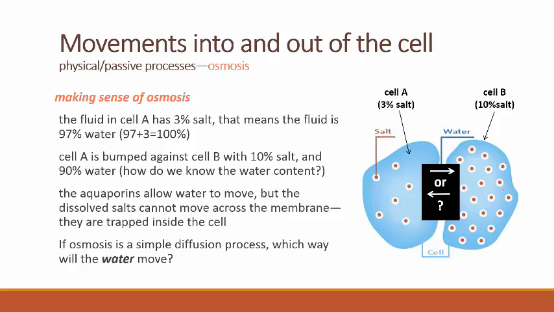If cell A is 3% salt, we know that it must be 97% water, while cell B, on the other hand, is 10% salt. By definition of percentages, it must be 90% water, because the two percentages always have to add up to 100%.